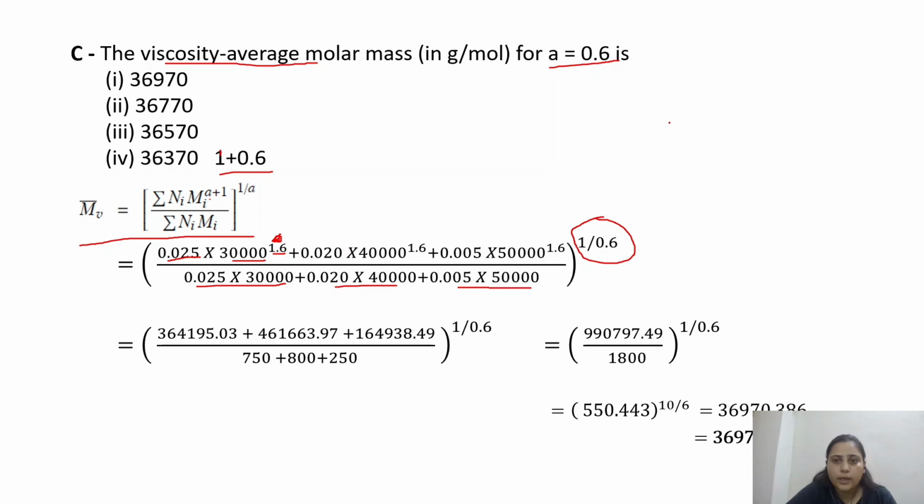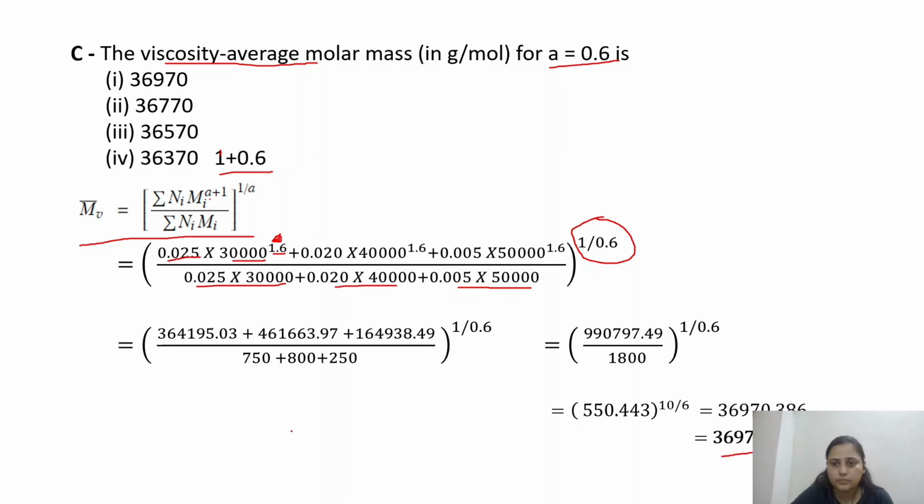Just multiplying, summing and calculating, we'll get the value of viscosity average molar mass as 36,970.4 gram per mole.